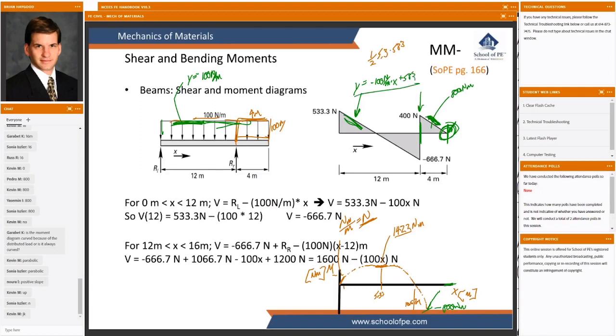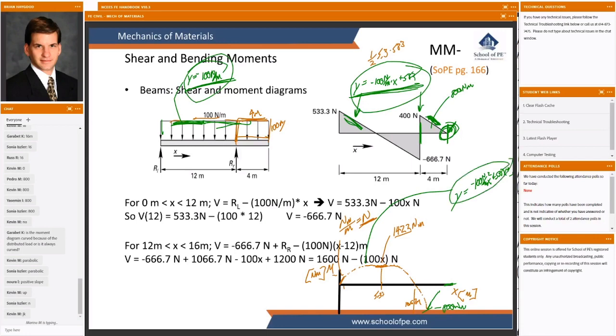There's the graph of that line. This equation is the integral of the previous equation. And then the graph of this one would be y equals negative 100 Newtons per meter x squared, which is what makes it a parabola, plus 533x plus some other constant value, which I don't really care about. But the point is, this is the graph of a horizontal line, this is the graph of a sloped line, and this is the graph of a parabola.